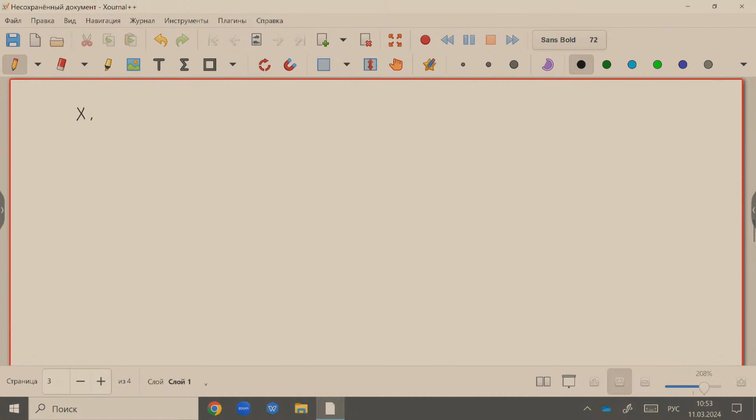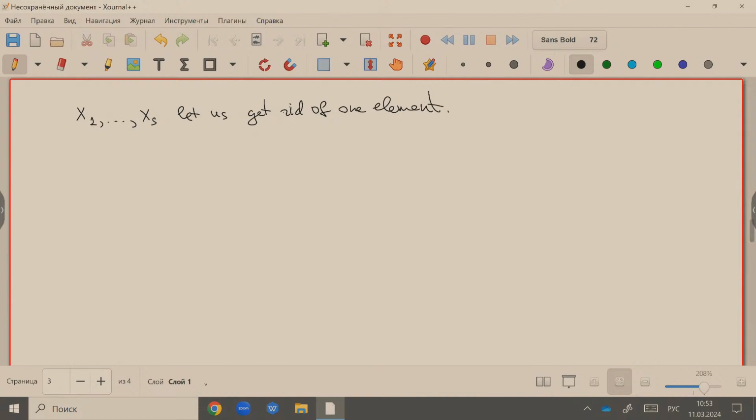So x1, ..., xs, so let us get rid of one element. Избавиться, get rid of one element.